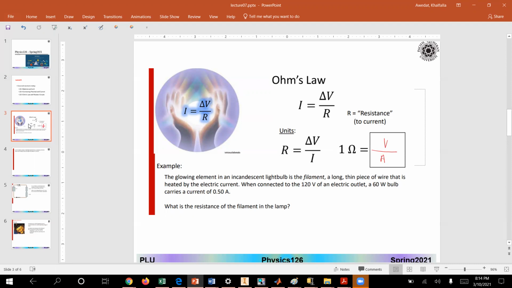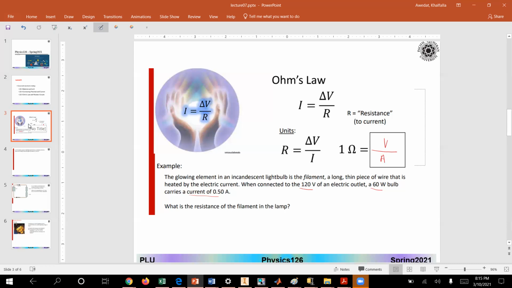Here is the first example, straightforward, like real life. Imagine you have a light bulb and you feed it with 120 volts, the light bulb is 60 watts, and you are given the current for that light bulb. They ask for the resistance of that light bulb that generates the light that we see, as heat or as light.